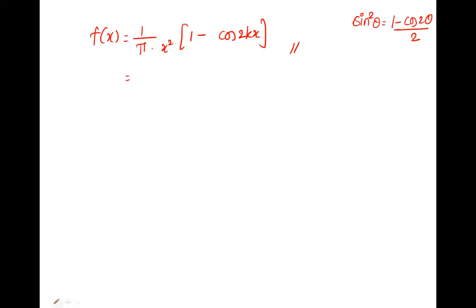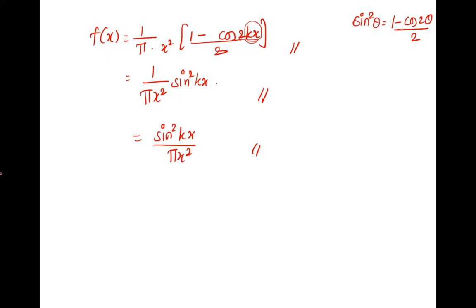It is there. We can take it here. So it is 1 upon pi x square, 1 minus cos 2 theta upon 2. 1 minus cos 2 theta upon 2 is sine square theta. So this is sine square kx. Yes. This is also okay. Done? That is the answer: sine square kx upon pi x square. All those answers are okay.